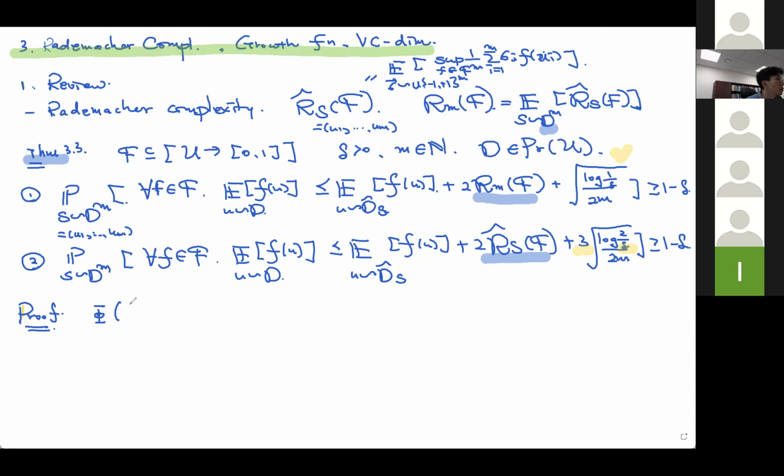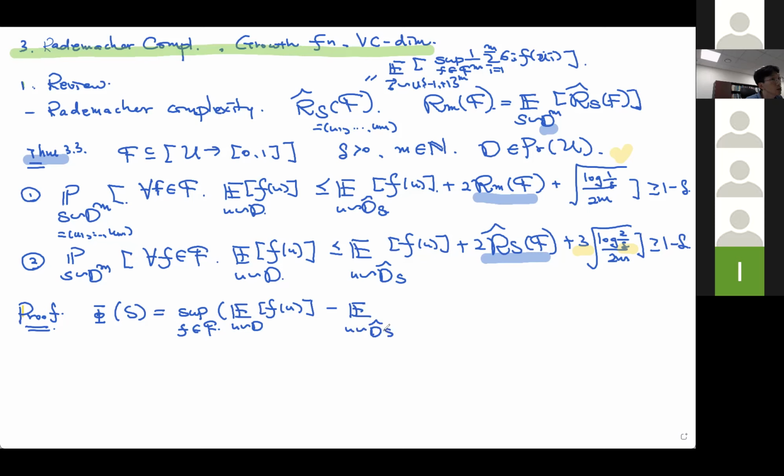We apply it to S, which is a sequence of examples, defined as a supremum over F of the real quantity that we care about: the maximum difference between the real expectation and the estimated expectation.